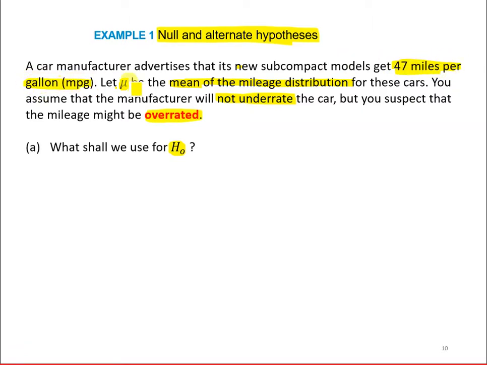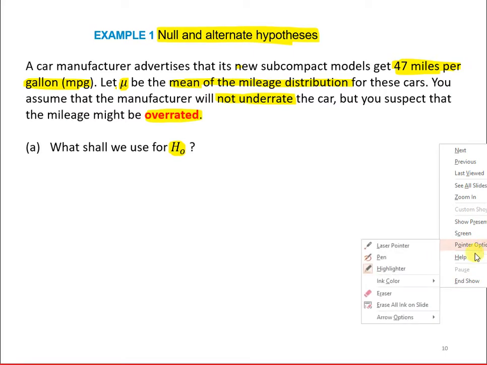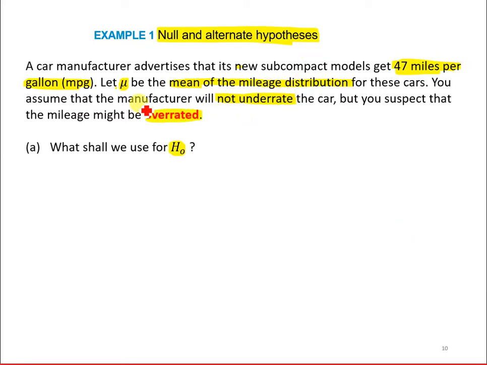Okay, and it is mentioned that from past experience, it's known that this manufacturer does not underrate the car, but he always overrates. What does it mean? It means that in previous years, when he launched a model and claimed that the mileage of the car is 40 miles per gallon, when people tested it, it came out to be 38 miles per gallon, less than what he claimed.